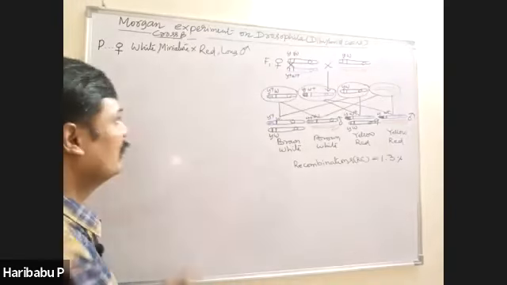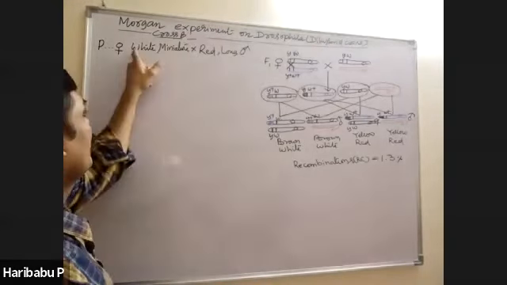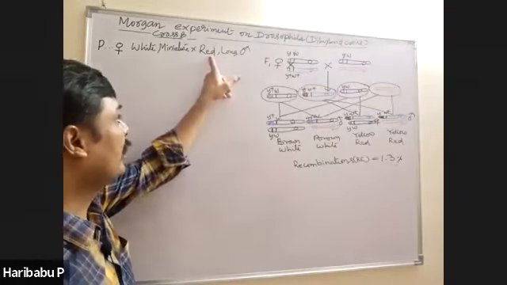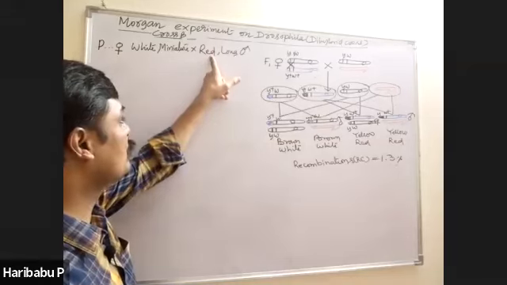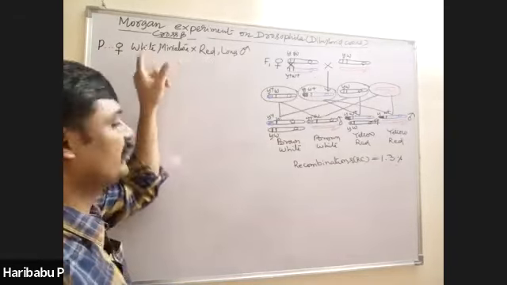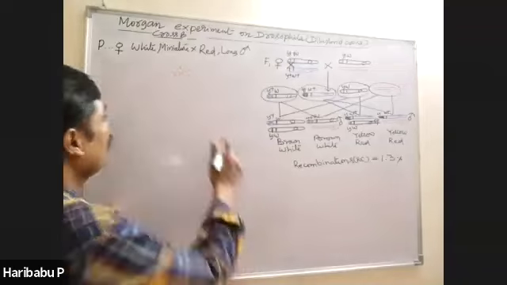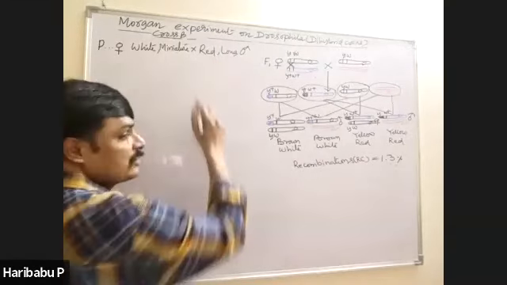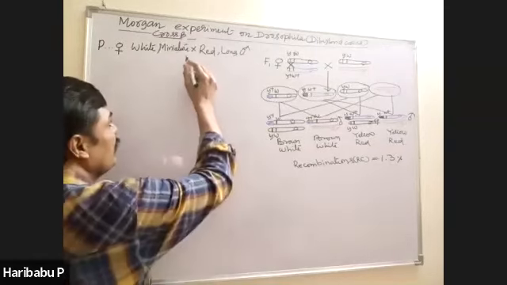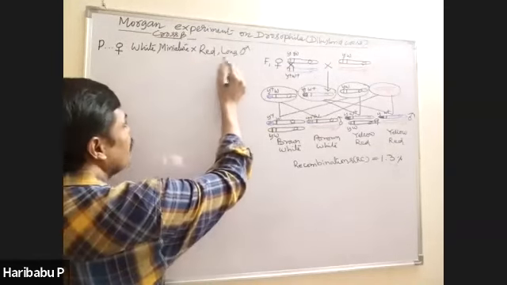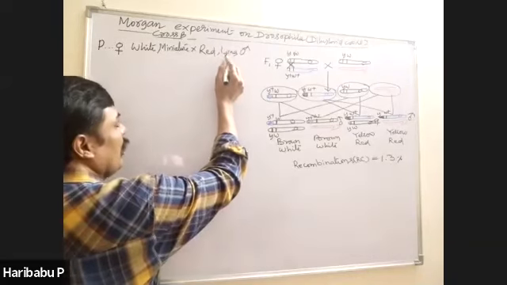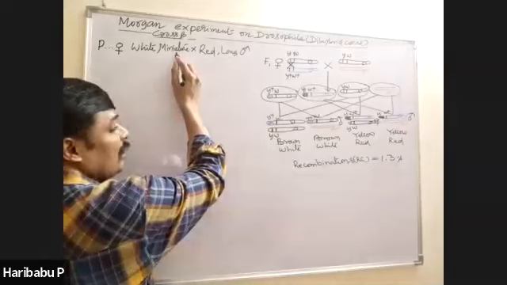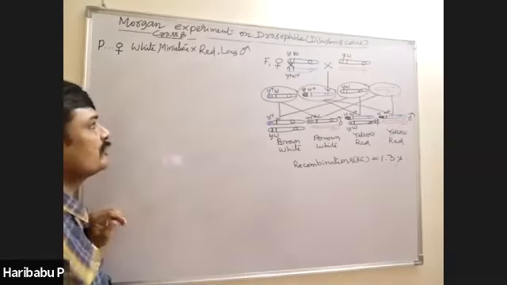Here again, two characters are taken. White and red are eye color. Red eye color of Drosophila is dominant over white. The second one, miniature and long, relates to the wings of flies. That is wing size. Long wing, miniature wing. The miniature wing is the reduced, small wing.